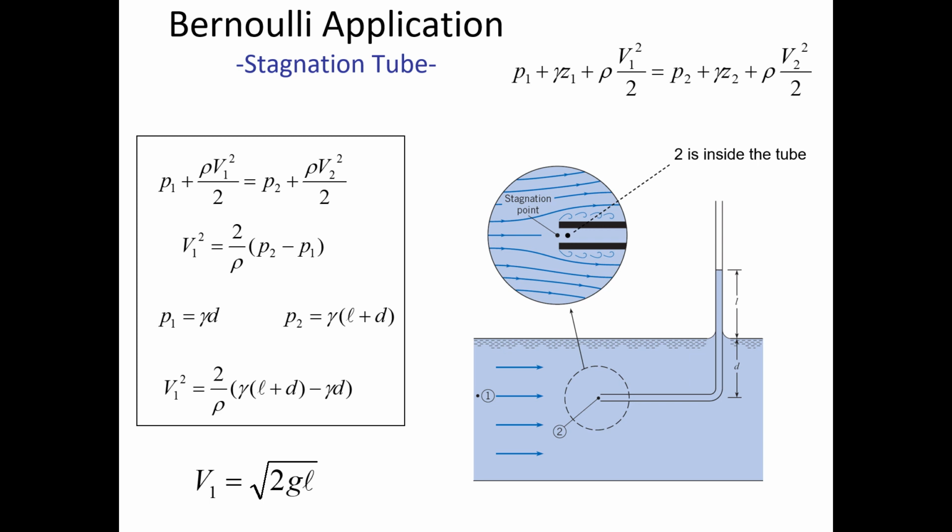So this orifice equation actually comes from Bernoulli's, because what we say is, here is location A, here's location 1, and so we say that pressure at A divided by gamma plus ZA plus VA squared divided by 2g is equal to pressure at 1 divided by gamma plus Z1 plus V1 squared divided by 2g.